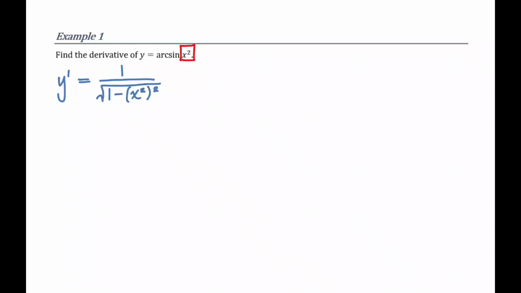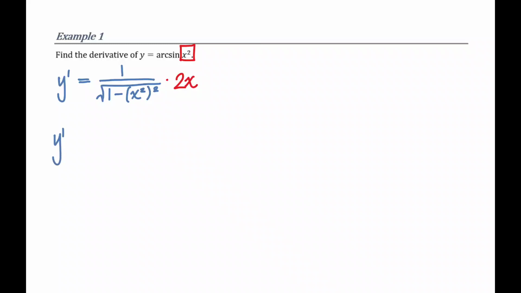And of course, because x squared is embedded inside the arcsine function, that means what we're dealing with here is a composite function. It's a function inside a function. So chain rule comes into effect, and we have to multiply by the derivative of that inner function.